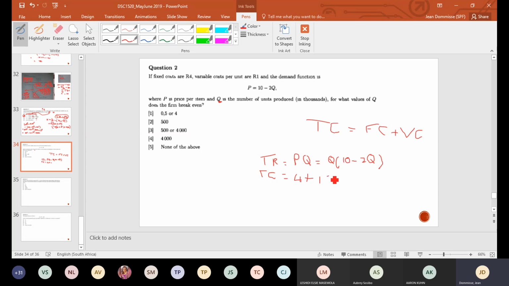So I would have said 1Q. So the higher the Q, the more the total cost would go up. And then, according to me, that one is equal to that one, and that should be equal to 0. So let's multiply that in already.